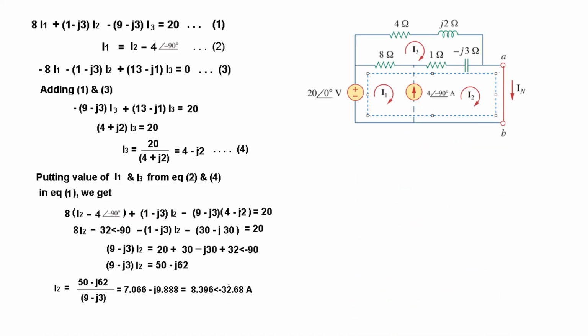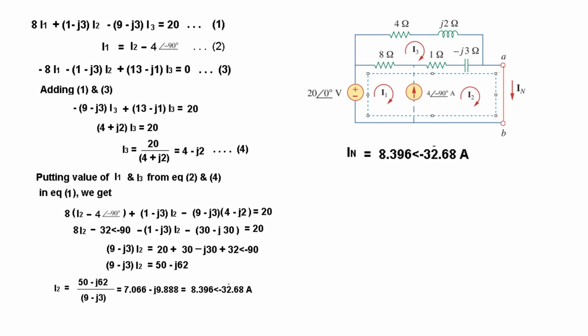As I mentioned, I2 is actually In, and therefore we can say that In is equal to 8.396 angle 32.68.